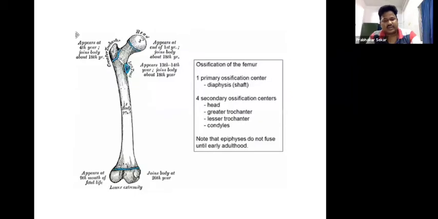Coming on to the ossification centers, because before going to the blood supply, some points about them. There are primary ossification centers and four secondary ossification centers. Primary ossification centers help the diaphyseal growth, and the epiphyseal and metaphyseal growths come from the secondary ossification centers.